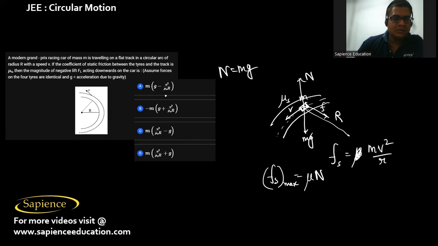In a modern Grand Prix flat track circular arc, the magnitude of negative lift acting downwards on the car. Negative lift. Okay. So it means here the car is downwards actually. The car is below the track.